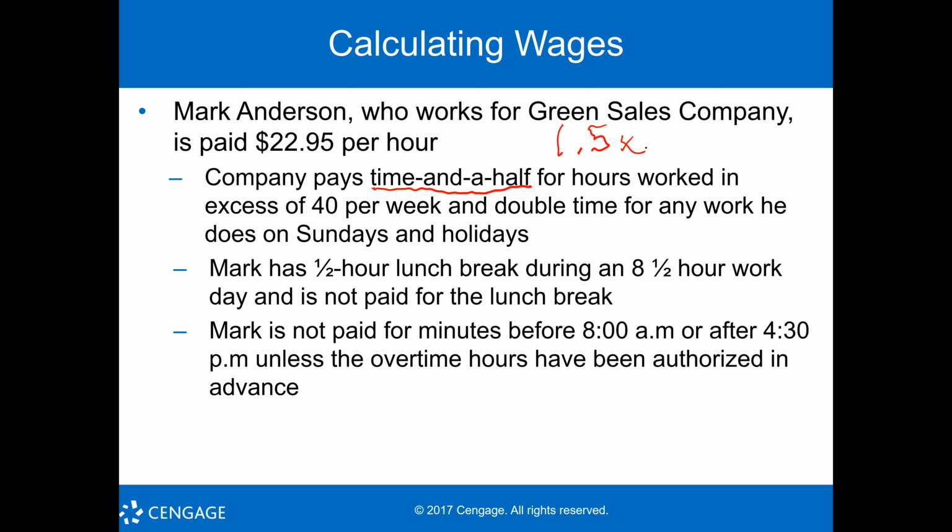So for example, if someone made $10 per hour times 1.5, time and a half would be 15 per hour is what they'd make for overtime, right? And then double time is 2 times the normal rate, 2x, 2 times the normal rate. My writing's not very good.